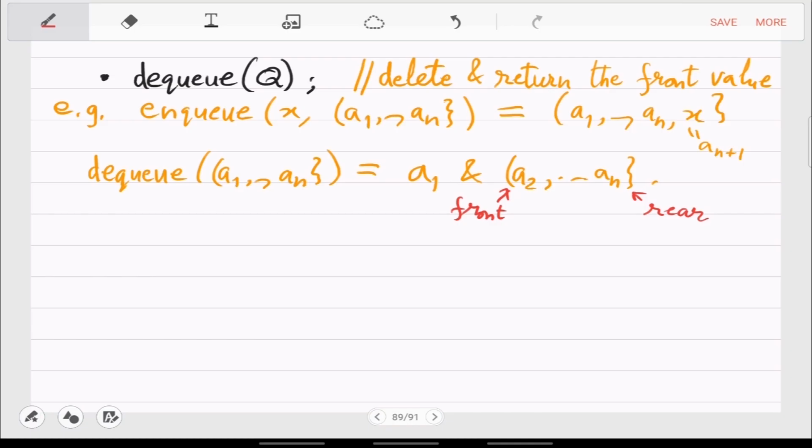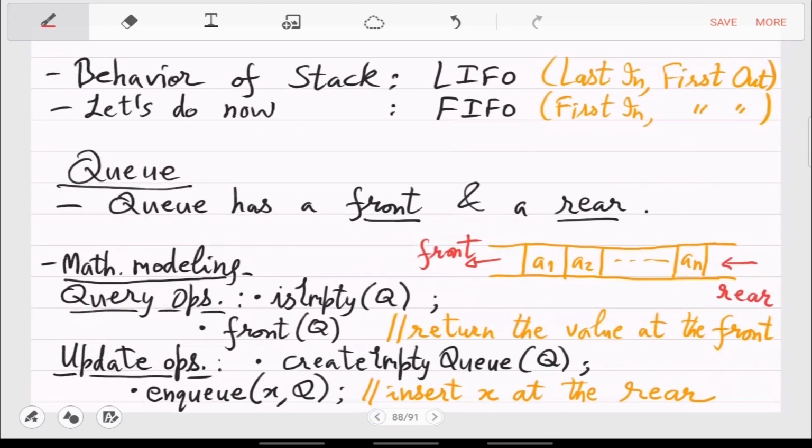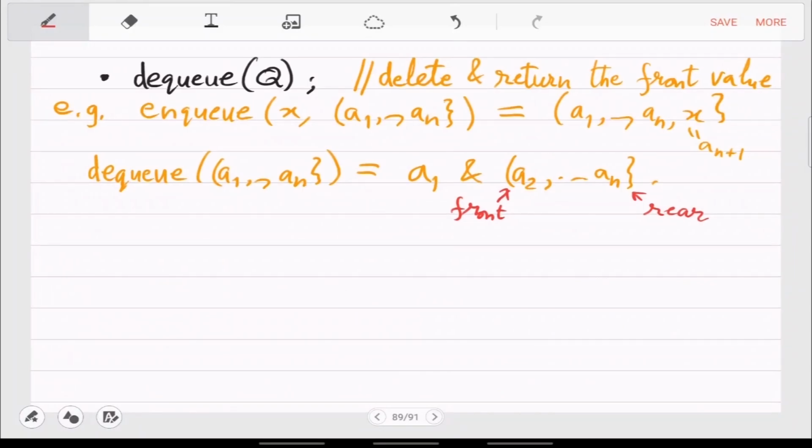They are accessible to one operation each. Front is accessible to dequeue and front, those functions, and rear is accessible only to enqueue. Is this clear? So that is the data structure queue.